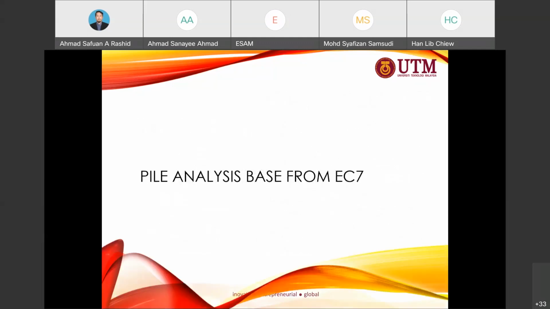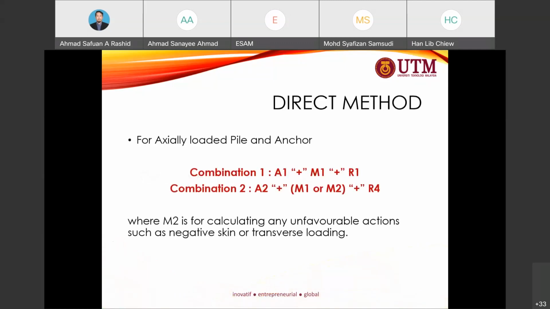So, pile analysis based on EC7. We go first under what we call the direct methods. The same procedure as the shallow foundation, for axial loaded pile and anchor.